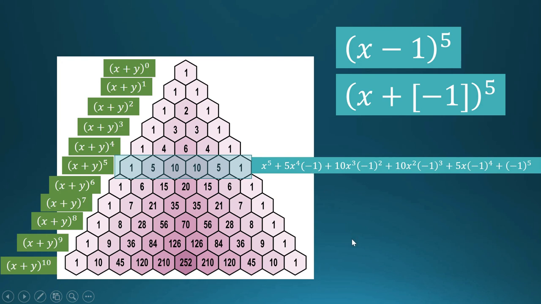So this one is going to be minus. Negative 1 squared is just 1, so this is going to be positive. This is negative 1, this is just positive. This is going to be negative, so it's going to be minus 1. So this is the expansion of x minus 1 raised to the 5th power.